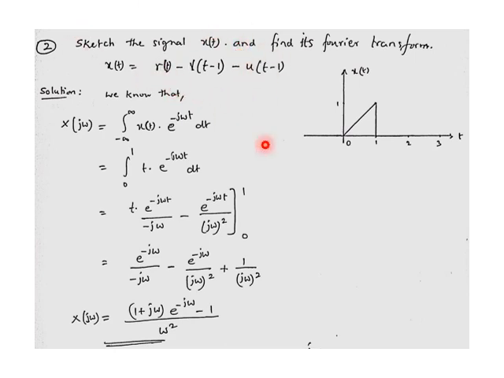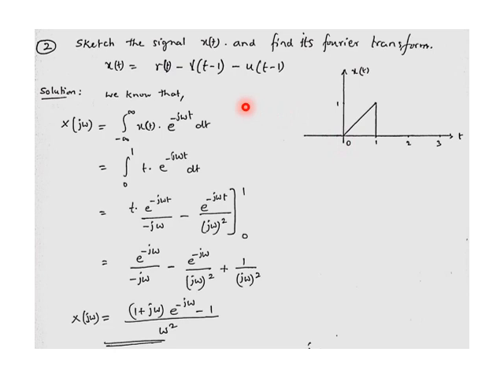So let me sketch. r of t means it is continuously increasing in value with respect to time from 0, so the waveform is like this. r of t minus 1 is the r of t shifted by 1 unit, so the waveform will be like this. If you subtract, the waveform is there till here, then the difference is 1 but constantly subtracting.